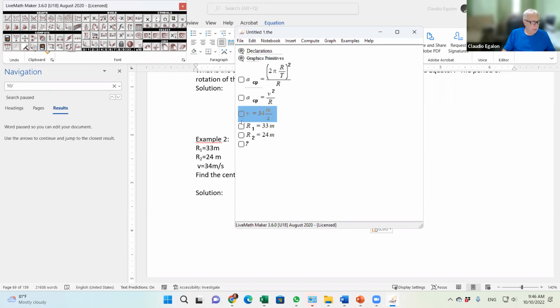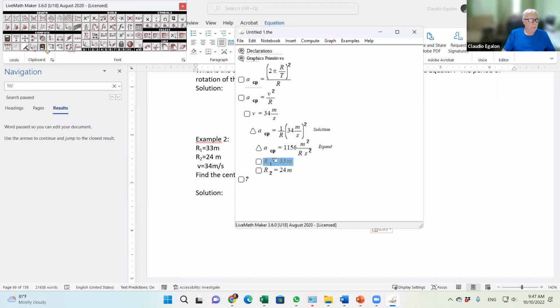I'm going to put those three below my acceleration. I substitute 34 meters per second here. Now my centripetal acceleration becomes something like that. Take this square and we get something like that, but I still didn't substitute for the radius. Let's substitute for the radius now.